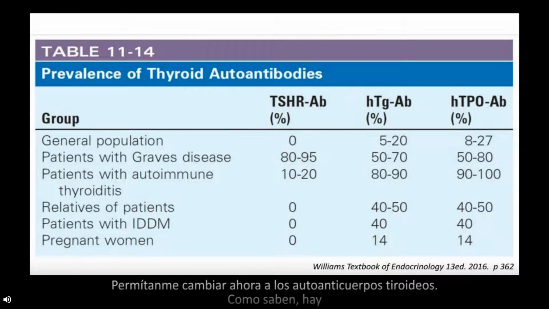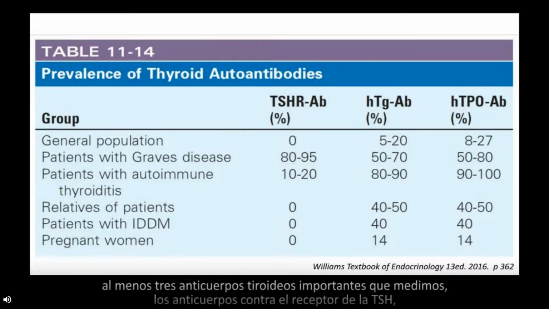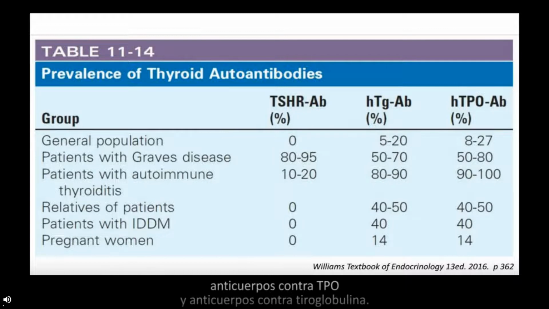Let me shift gears now to thyroid autoantibodies. As you know, there are at least 3 important thyroid antibodies we measure: the TSH receptor antibodies, antibodies directed against TPO, and antibodies against thyroglobulin.